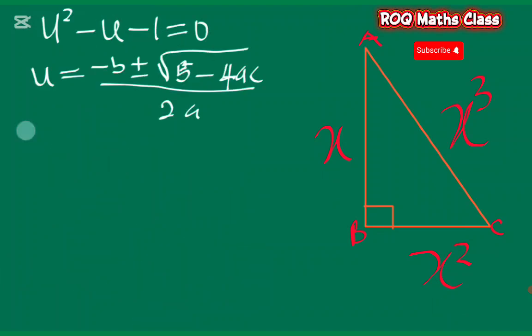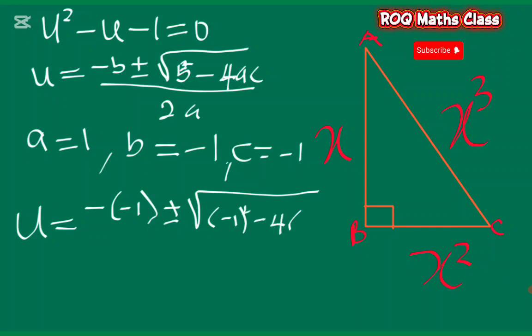So with u squared being the same thing as 1, a is equal to 1, b is equal to minus 1, and our c is equal to minus 1. So this is what we are going to have.